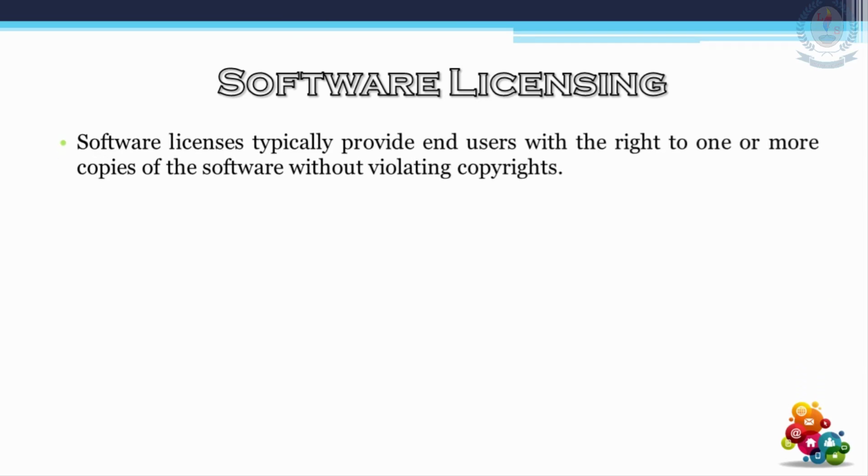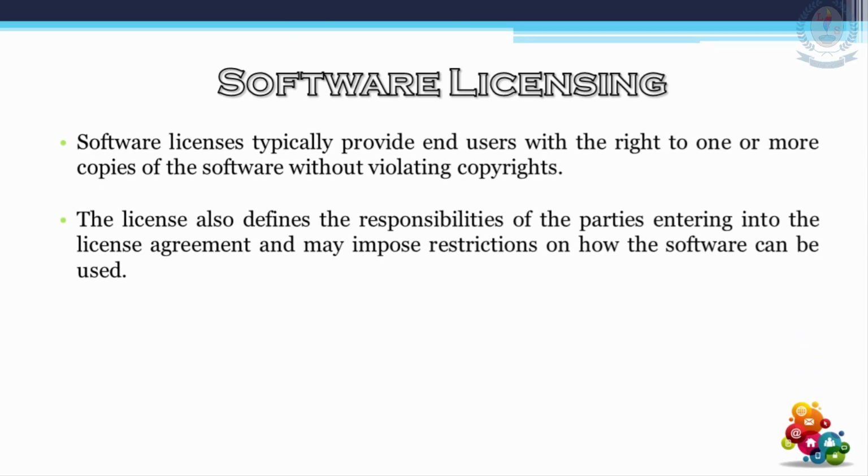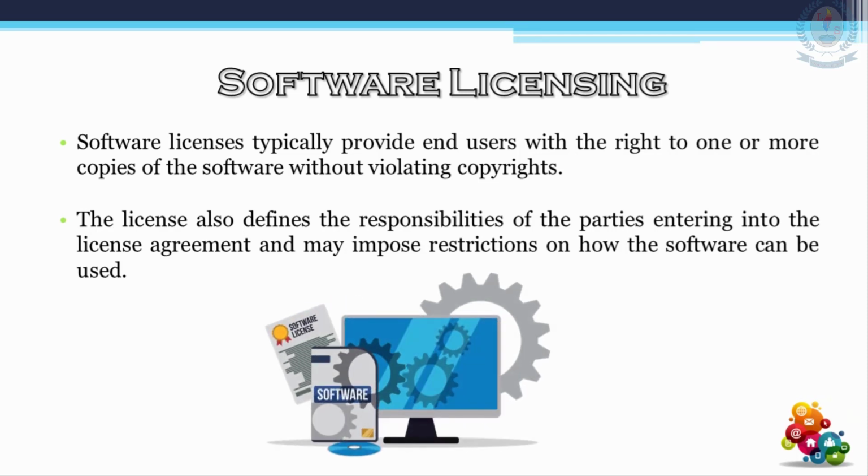Here, I am going to teach you what software licensing is. A software license is a document that provides legally binding guidelines for the use and distribution of software. A software license typically provides end users with the right to one or more copies of the software without violating copyrights.